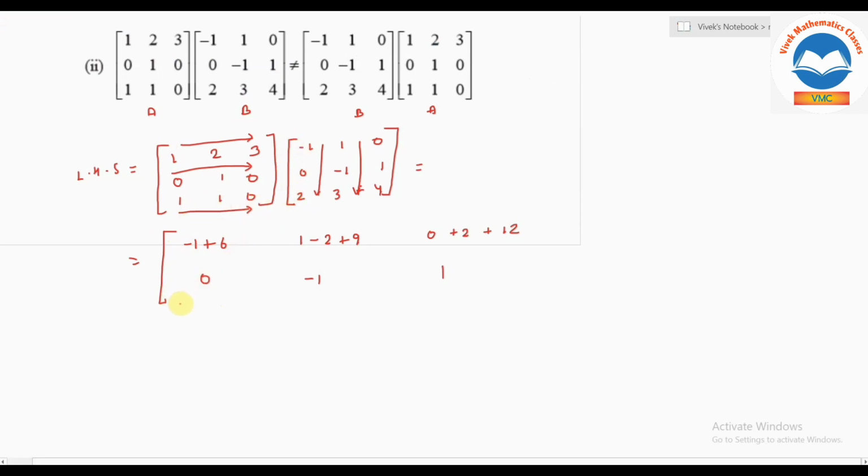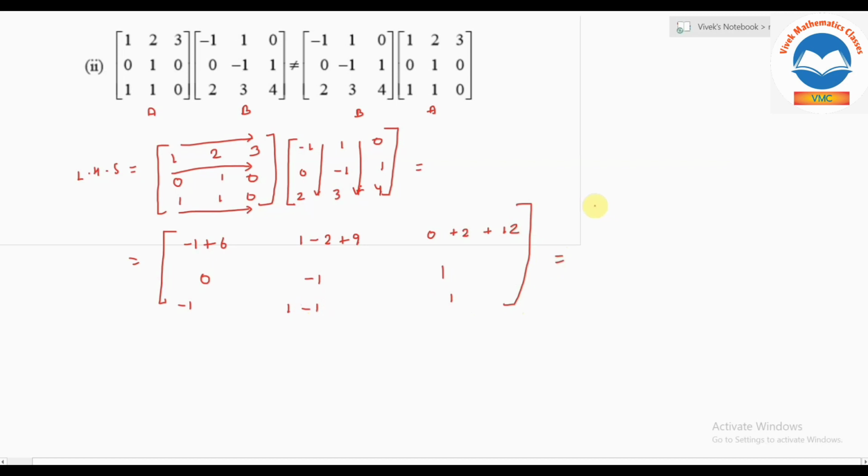So I will multiply this. 1 into minus 1 will be minus 1, 1 into 0 will be 0, and 0 into 2 will be 0. Next, third row, second column, 1 into 1 will be 1, 1 into minus 1 will be minus 1, and 0 into 3 will be 0. Next, 1 into 0 will be 0, and 1 into 1 will be 1, and 0 into 4 will be 0. So this will be our answer.